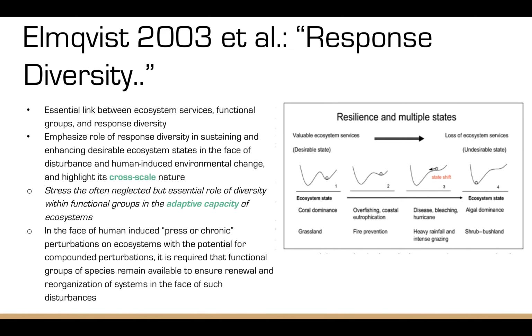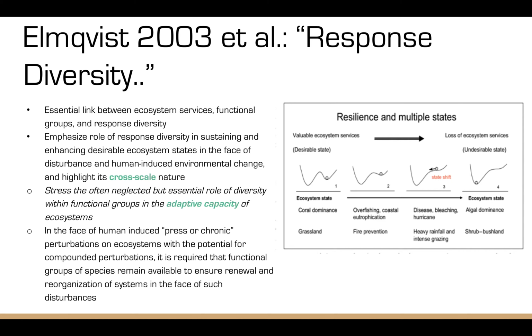And this leads nicely into one of the readings for today. It's Elmqvist, 2003. His paper was specifically called Response Diversity, Ecosystem Change, and Resilience. He talked a lot about the importance of response diversity and stresses the essential link between ecosystem services, functional groups, and response diversity.